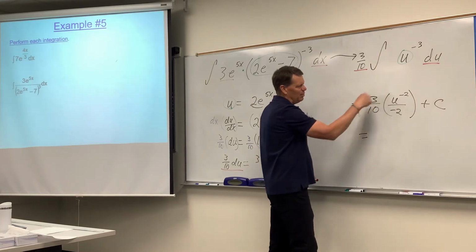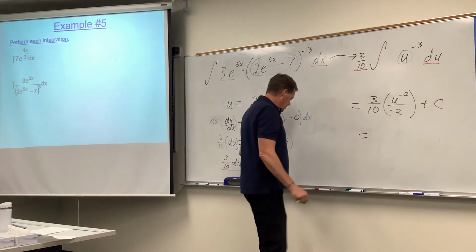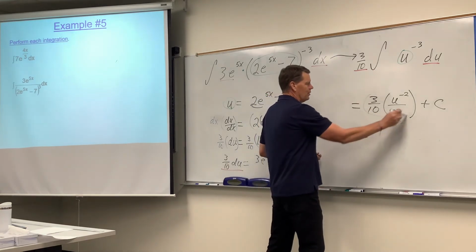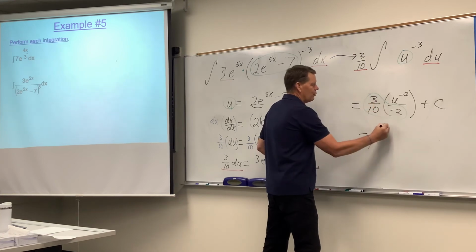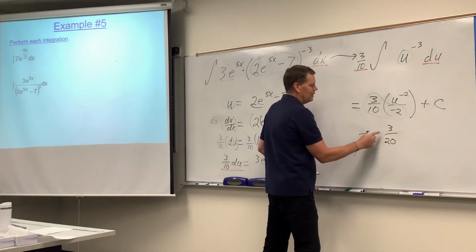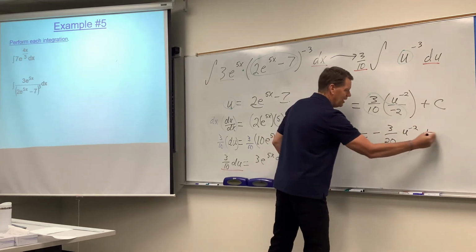Let's clean it up a little bit. You can leave the negative exponent as far as I'm concerned. I guess the thing I would point out would just be to multiply this all together. So a positive times a negative, that'll be negative 3 over 20 u to the negative 2. If you want to put it back on the bottom, I don't care.